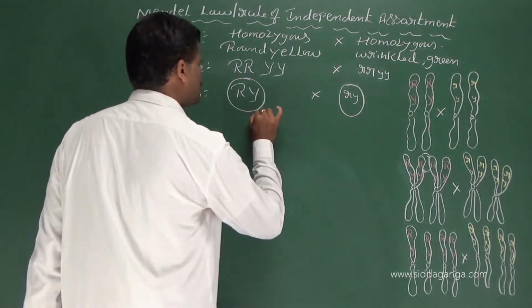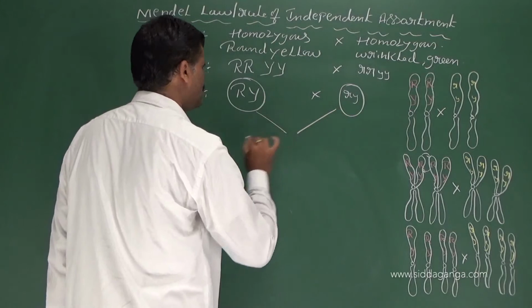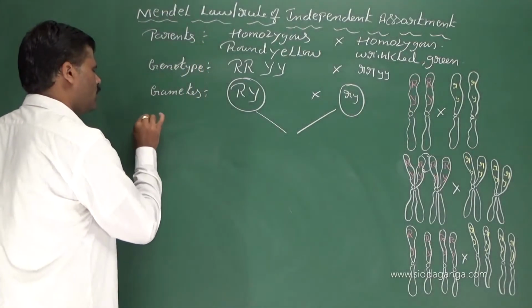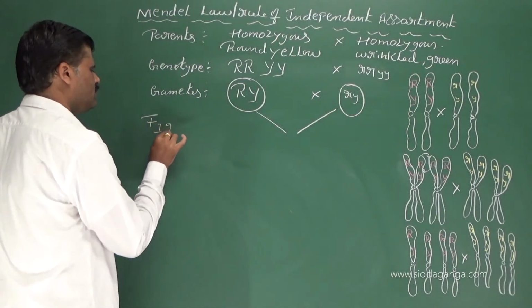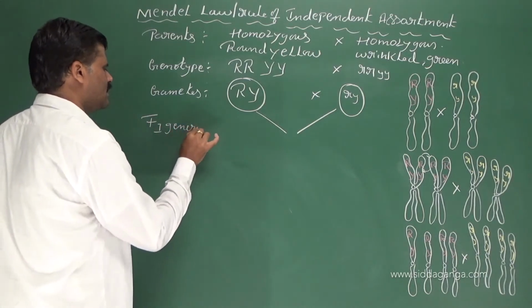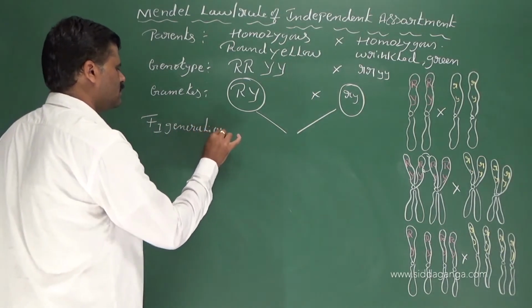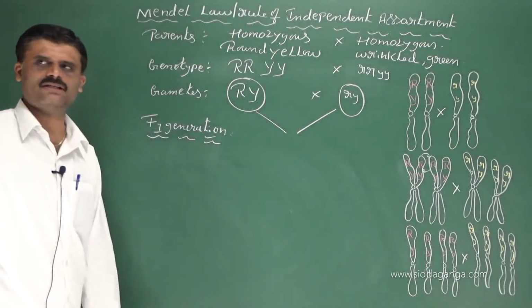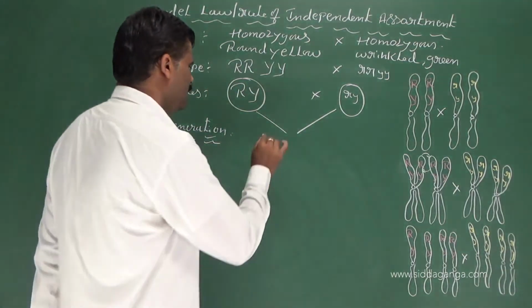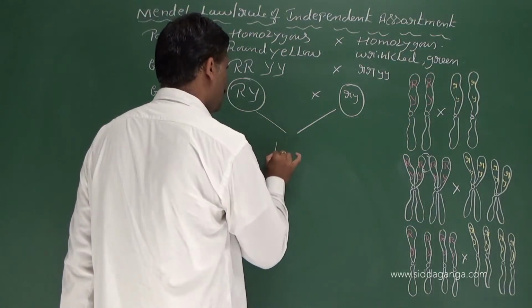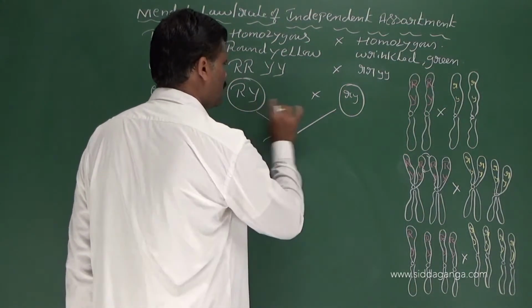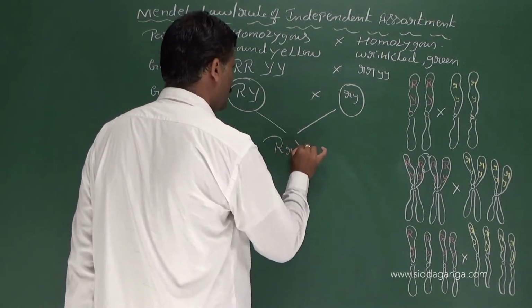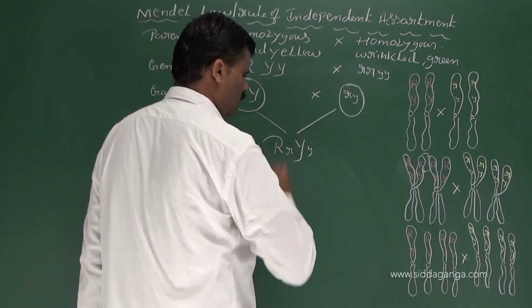Then these gametes undergo fertilization to form what? F1 generation. F means filial generation. To form the first filial generation, it gives rise to capital R, small r, capital Y, small y.